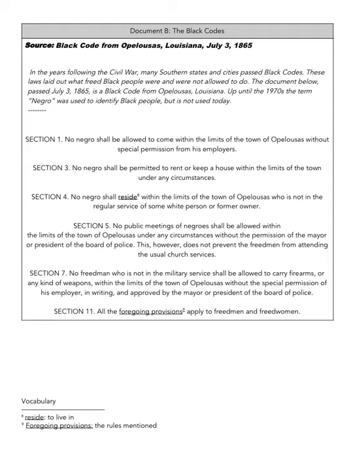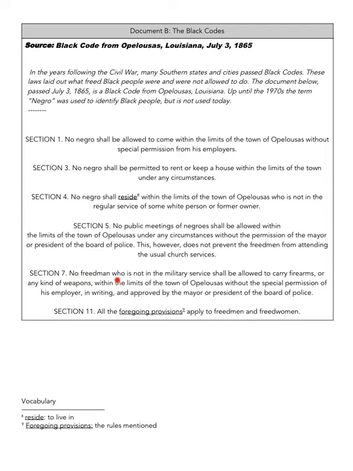Section 5. No public meetings of Negroes shall be allowed within the limits of the town of Opelousas under any circumstance without the permission of the mayor or president of the Board of Police. This, however, does not prevent the freedmen from attending the usual church services. Section 7.